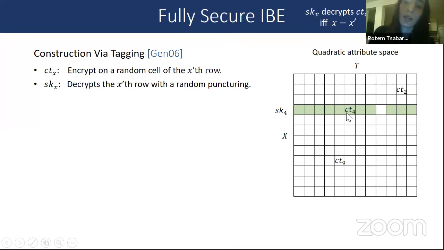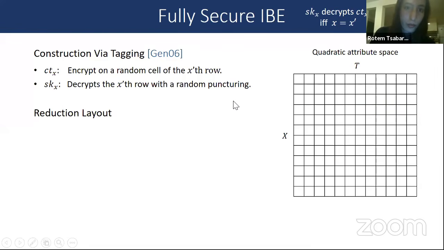So the only case where the decryption would fail is if the ciphertext by accident falls on the tag of the secret key. But because the tag space is very large, this should only happen with negligible probability. So in terms of correctness, we should be good. But now the question is, why does this help us to get adaptive security? So let's see.